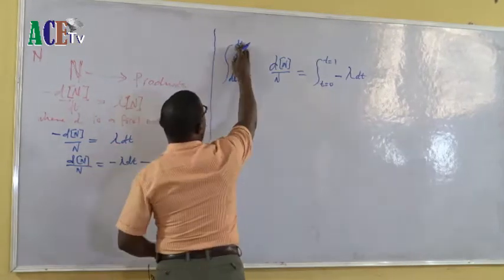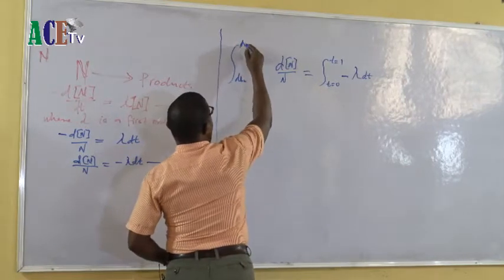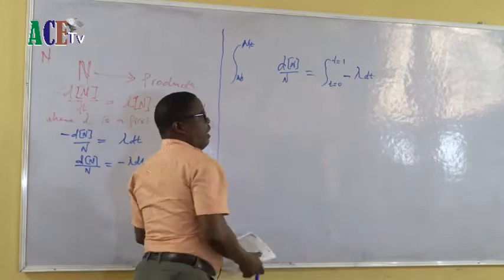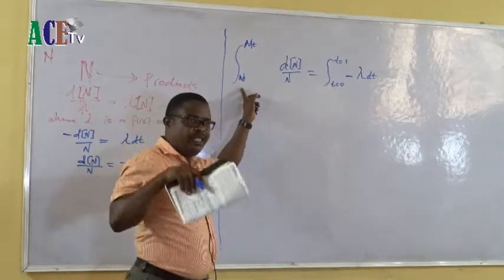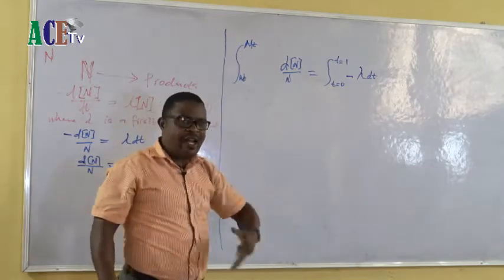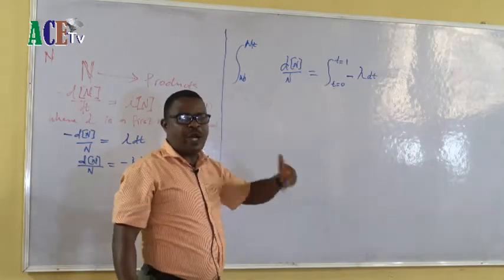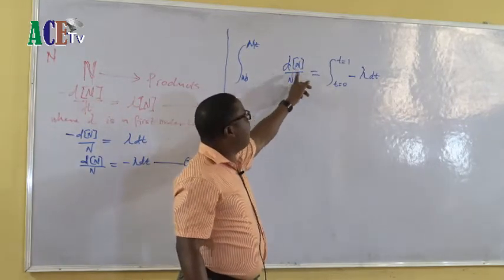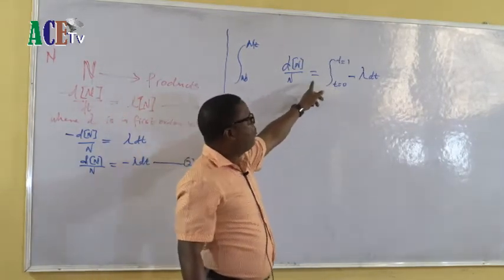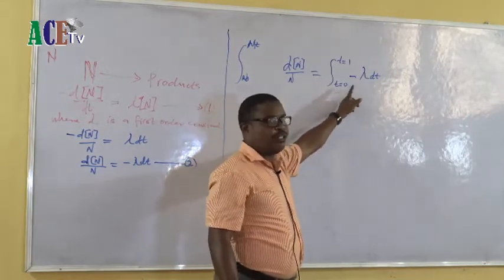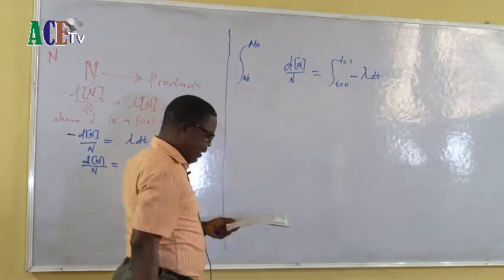So when we have Nt, and when we have N0, N0 means at the initial stage, while Nt means after some particular period of time. So we are integrating dN over N, which is equal to, when t is equal to t here, and when t is equal to 0, minus lambda t.